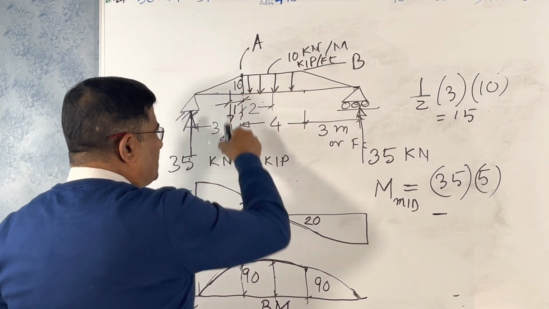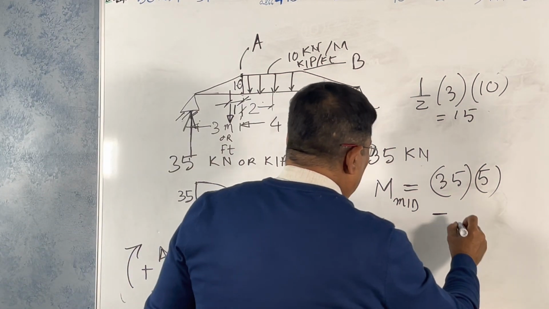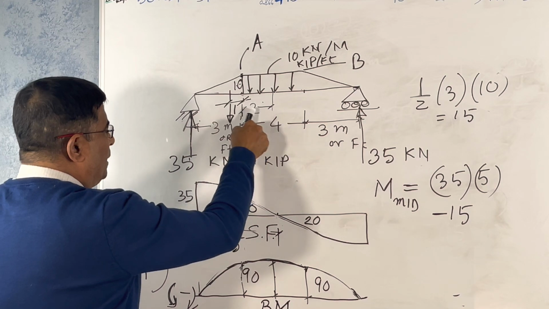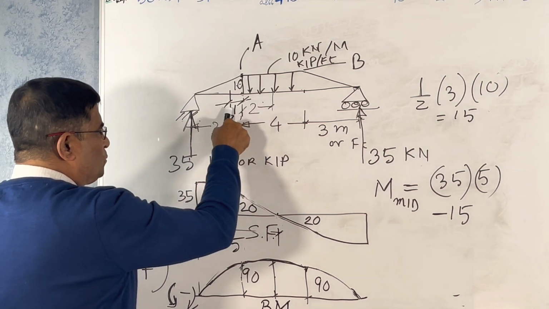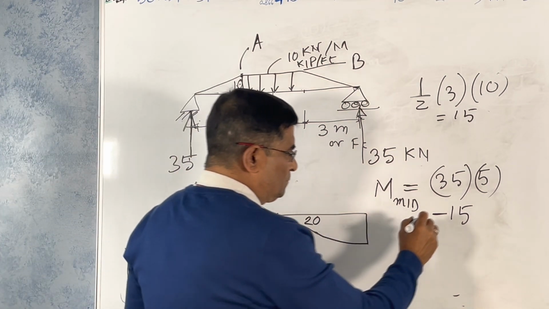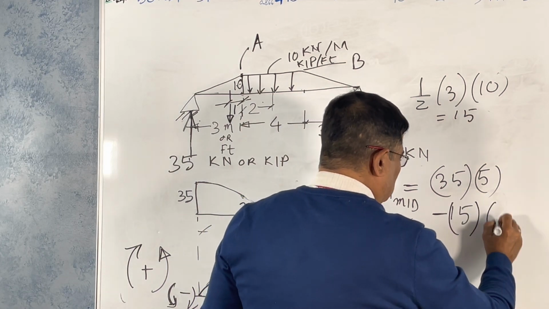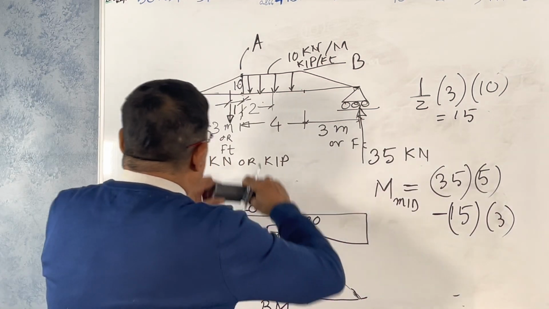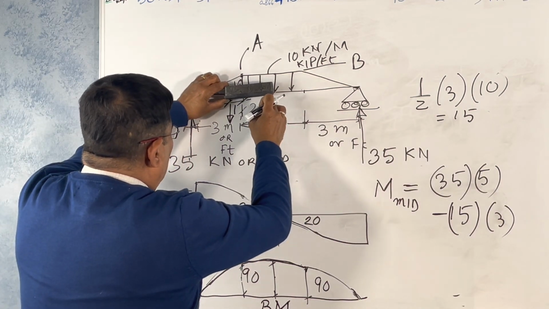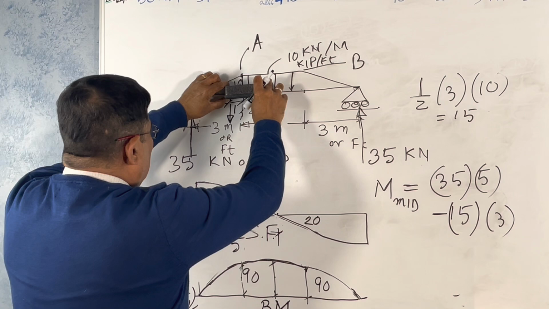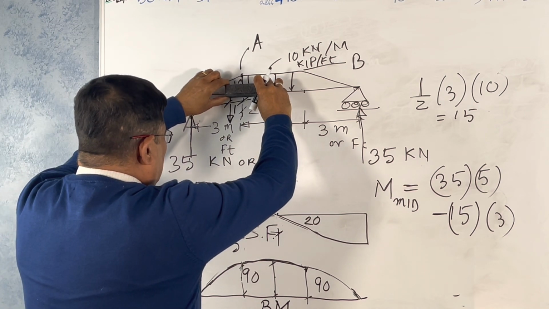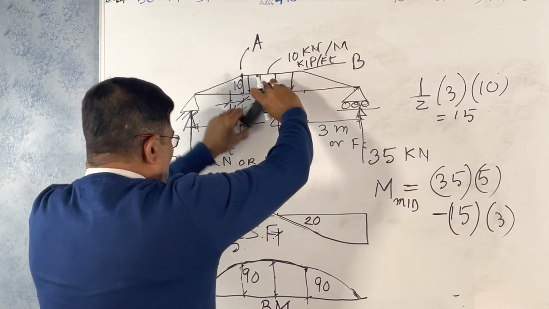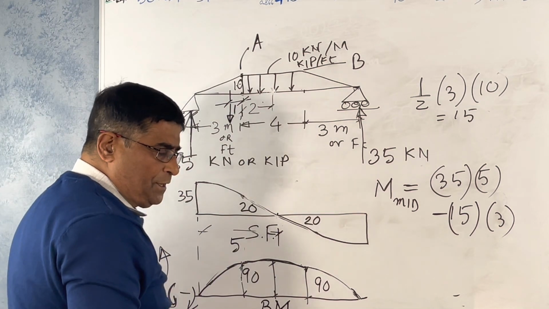This value is 15. The distance from here to here is 2 plus 1, 3. This force is acting here. So negative 15 times 3.